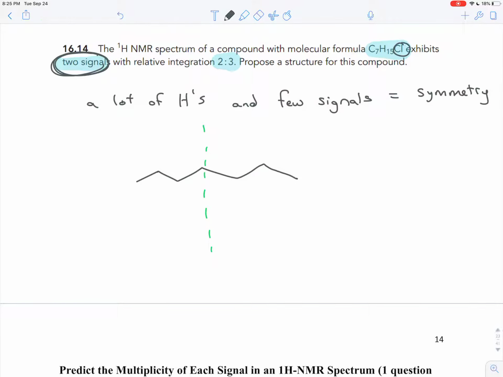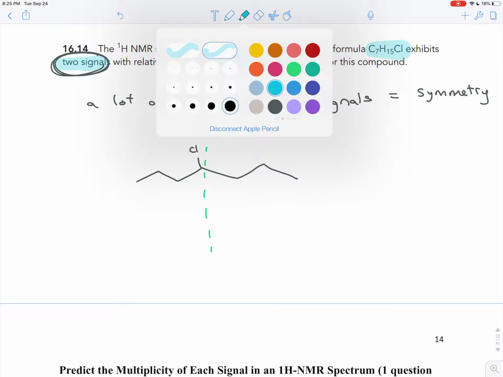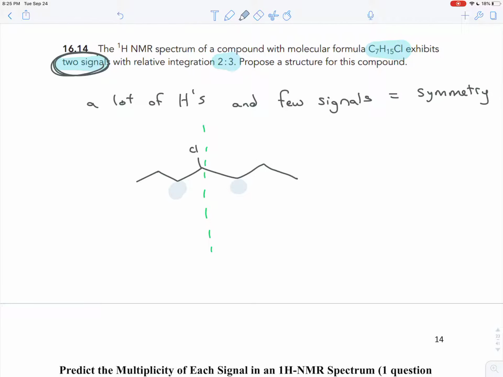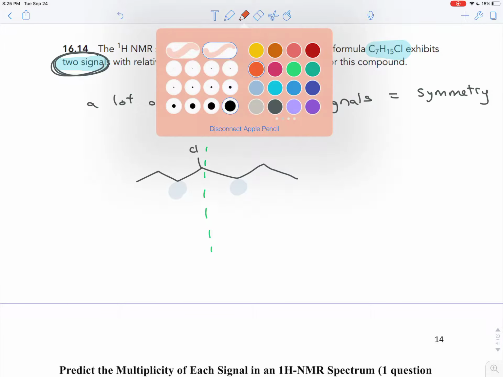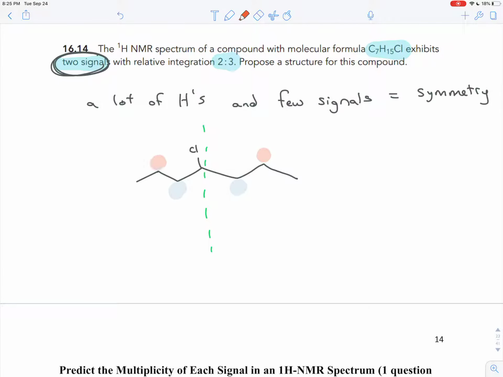Now we have this one weird atom, the chlorine, and in order to keep the symmetry, the chlorine would have to be coming off of that middle carbon. But notice the number of different electronic environments you'd have here. The hydrogens on that CH2 close to the chlorine are one electronic environment. The hydrogens on the next CH2, a little further from the chlorine, are a second.